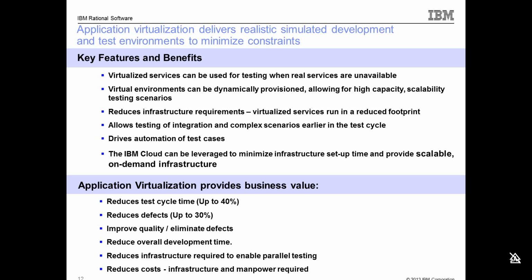So test cycle time goes down by up to 40%, considering that testers now no longer have to sit and wait or sit and create these back-end systems, spending their time raising requests, setting up systems, configuring systems, installations, and so on. The defects are reduced by up to 30% because if we find a bug early in the life cycle, it means all associated bugs that arose as a result of that are now reduced.